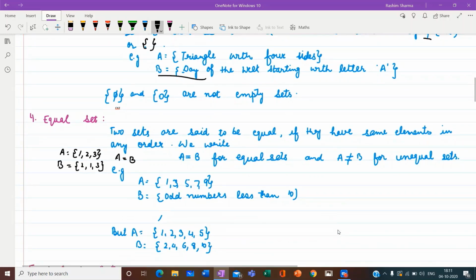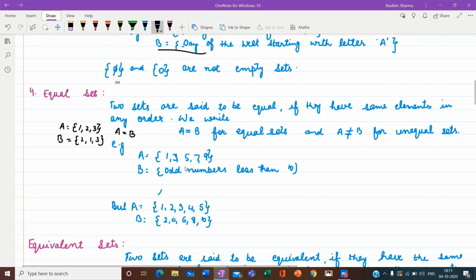Now let us take another example. If A is a set with elements 1, 3, 5, 7, 9 and B is the set of odd numbers less than 10, now we know the odd numbers less than 10, if we write in roster form, will be 1, 3, 5, 7 and 9 only. So this is the roster form of set B. Now we can see set A has 1, 3, 5, 7, 9, and set B has 1, 3, 5, 7, 9.